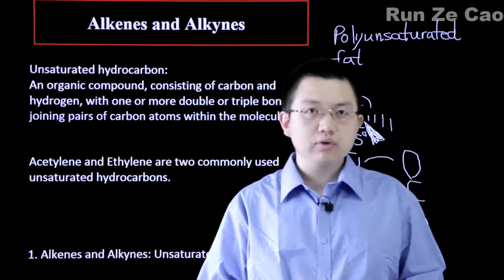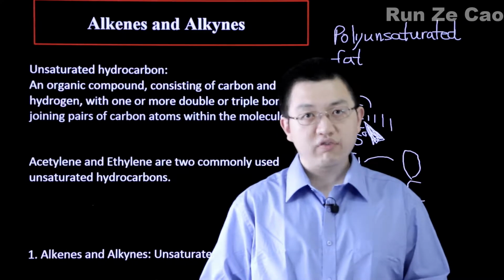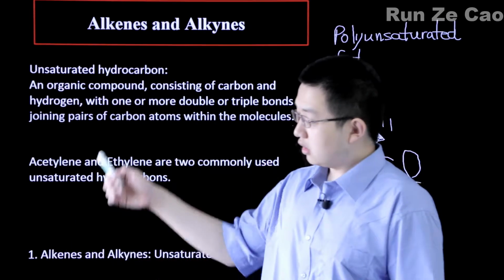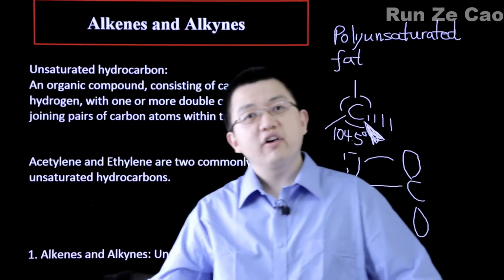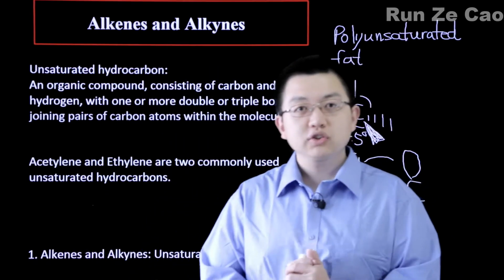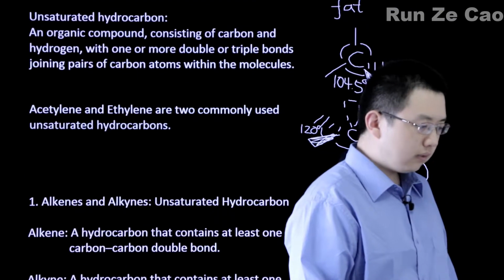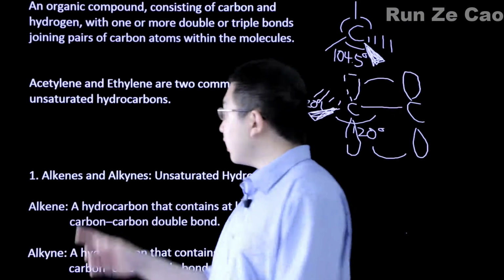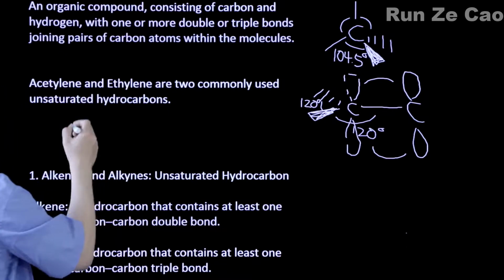Before, they used saturation as in, oh, I can't dissolve any more salt. It's full. So unsaturated hydrocarbon essentially means that it's not full of hydrogen. There can be more hydrogen fitted in.